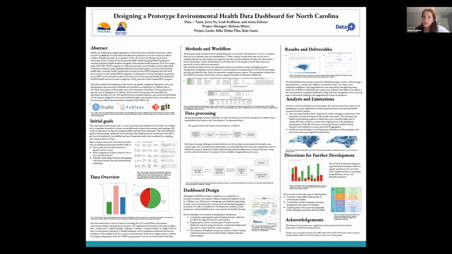In terms of the types of data we have, we have environmental data in our dashboard, which is things like the average annual ambient PM 2.5 concentration or different toxin levels. And we have health data, which is things like hospitalizations, mortality, and emergency department visits. And then we also have population and demographics data, which includes things like education levels, socioeconomic status, and race ethnicity.